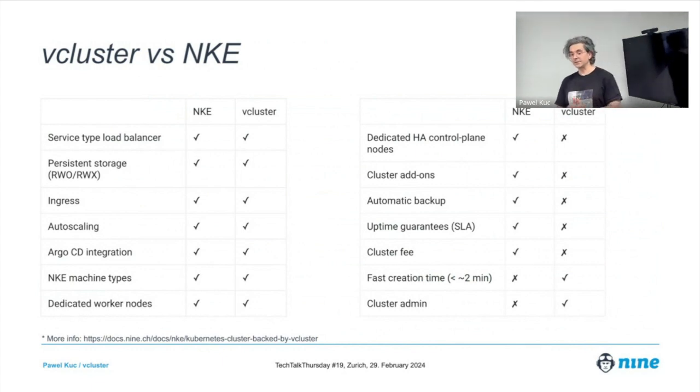You cannot have cluster add-ons, where we provide a ton of extra features which you can simply enable in our managed version of NKE, but it is not possible to provide all of this to the vCluster itself.